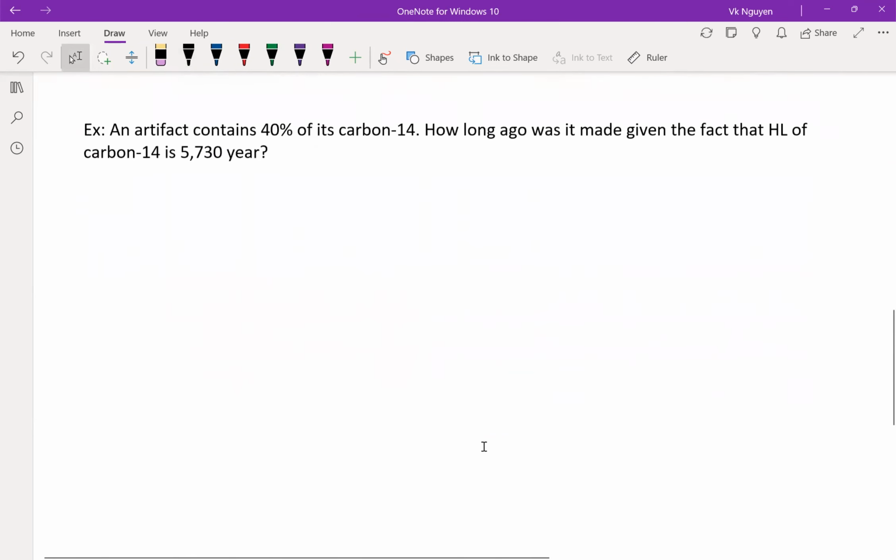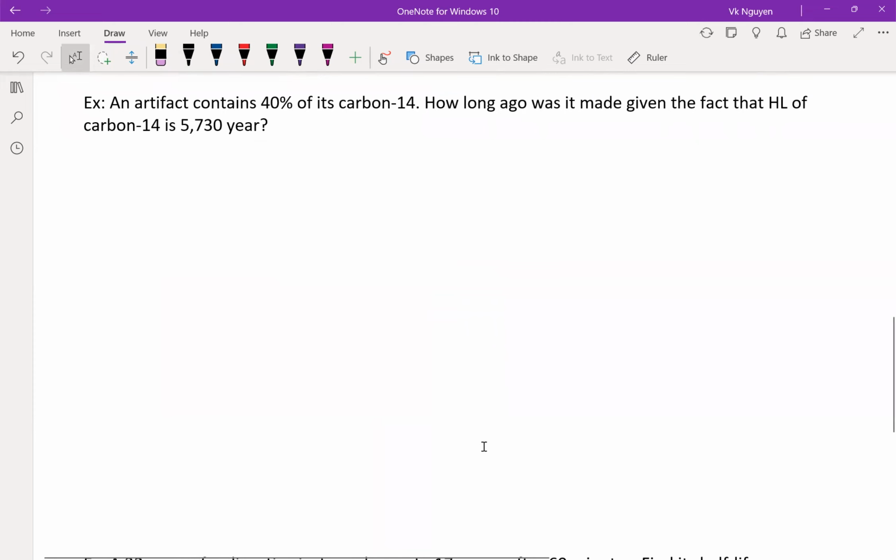Let's go to the next example. An artifact contains 40% of its carbon-14. How long ago was it made, given the fact that the half-life of carbon-14 is 5,730 years? Let's use the formula.